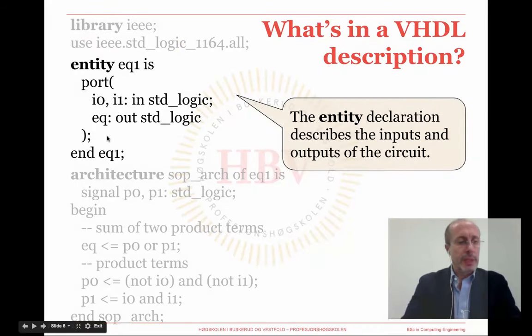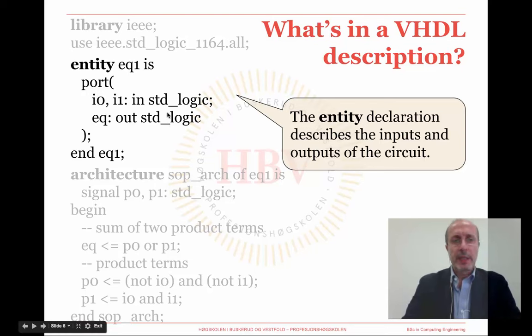So let's move on to the entity declaration, which is the second section, and which contains information about the inputs and outputs of our circuit, as well as their data types. In this case, they are all of the standard logic data type. Let me tell you that operators and data types are the subject of a following presentation.